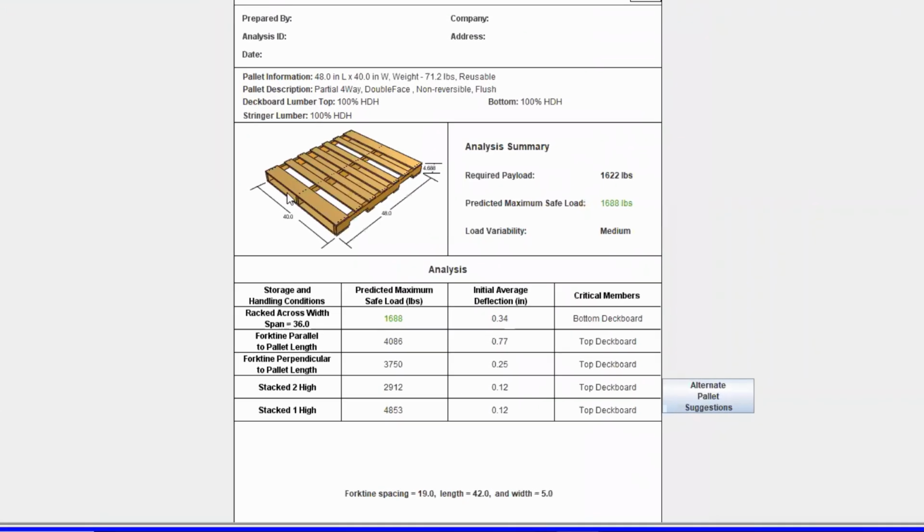The storage and handling conditions include free span racking across the pallet width, handling with forked equipment in both directions, and stacking 2 unit loads high in warehouse floor storage. The predicted maximum safe load for the critical support condition just exceeds the required payload for the pallet.